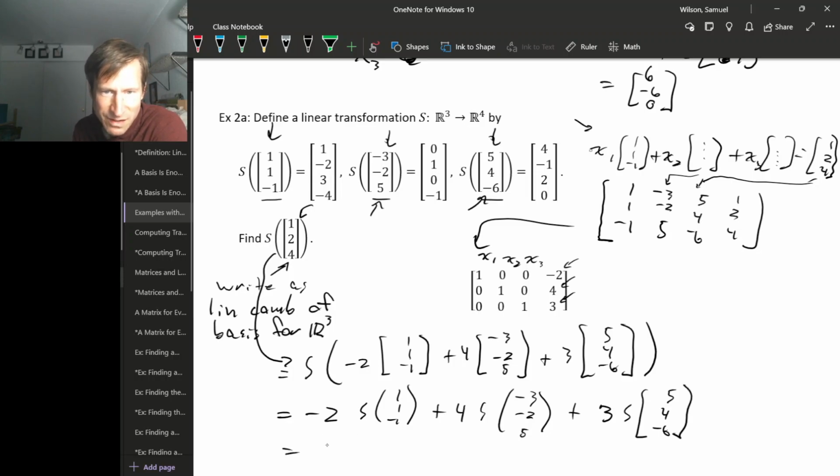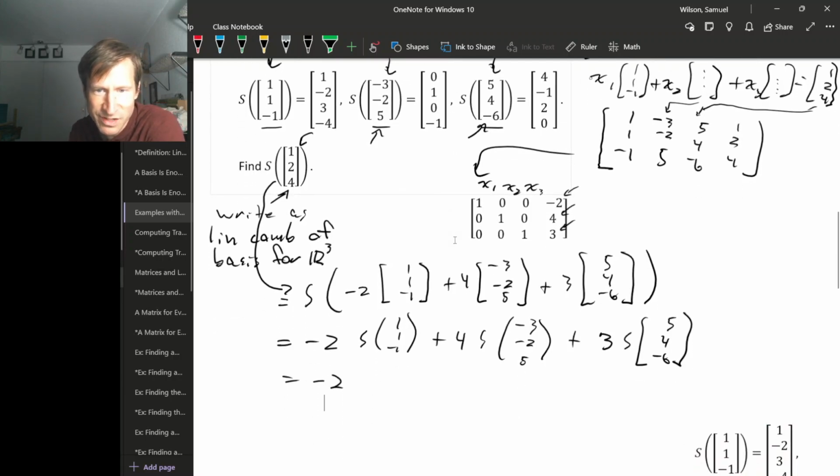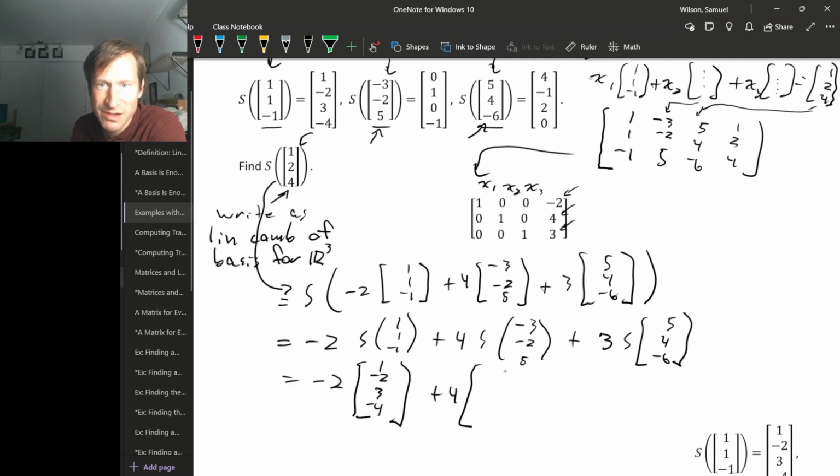And these values for S we know. The first one is, why did I have to choose an example that's so big? You'll see. First one is 1, -2, 3, -4, plus 4 times 0, 1, 0, -1, plus 3 times 4, 1, -1, 2, 0.